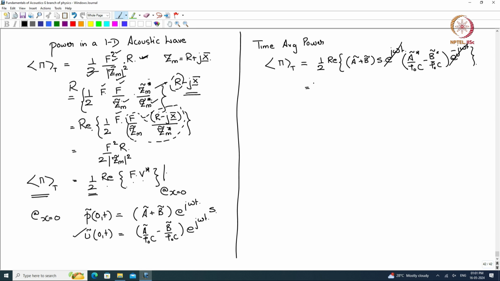I get 1/2 the real part of a times a conjugate, which is magnitude of a tilde square by rho 0 c, and b times b conjugate with a minus, magnitude of b tilde square by rho 0 c, and then I have minus a tilde b tilde conjugate plus b tilde a tilde conjugate by rho 0 c.